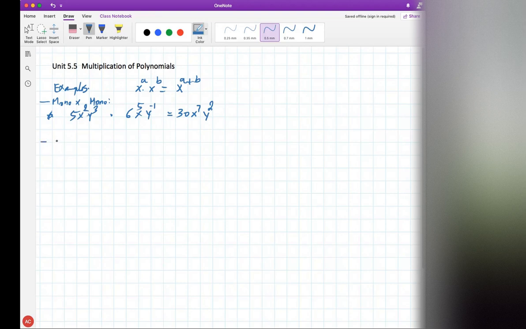Now notice this: a monomial by a binomial. So monomial times binomial. 2x to the third, for example, y to the power 4, and this would be multiplied by a couple of terms, a binomial inside. Let's say 5x to the fourth, and maybe another one here.